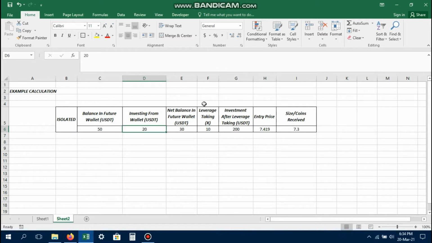You took the leverage of 10x, means 10 times. Your investment becomes from 20 to 200.